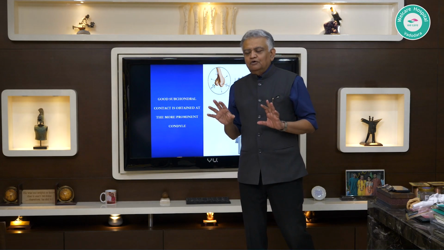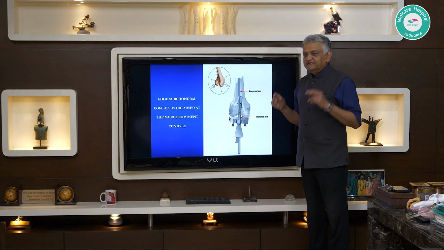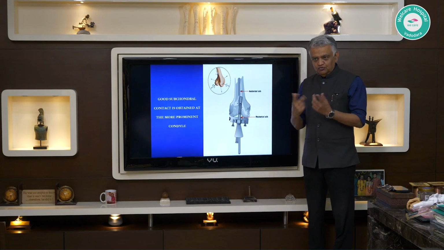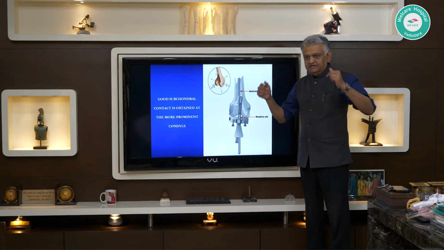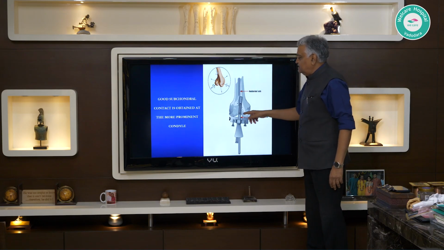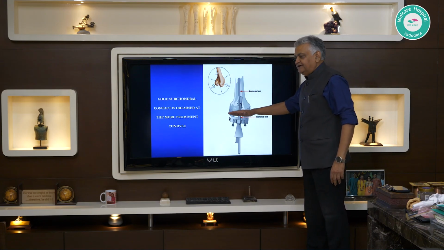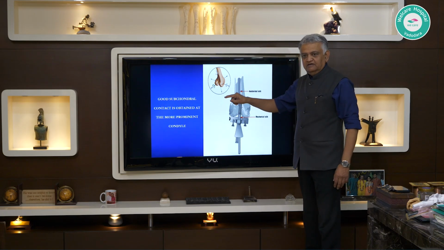So what navigation allows you to do is, because it has this third eye which humans don't, it can actually see, in inverted commas, the mechanical axis, and therefore it can take its judgment based on the mechanical. It doesn't need an intramedullary rod.